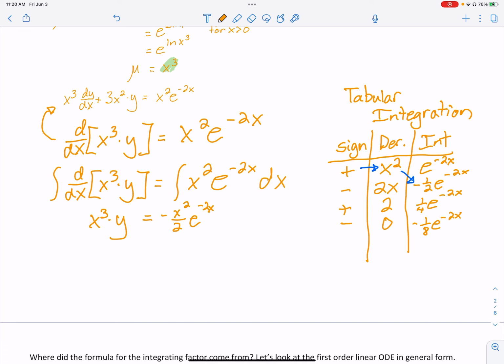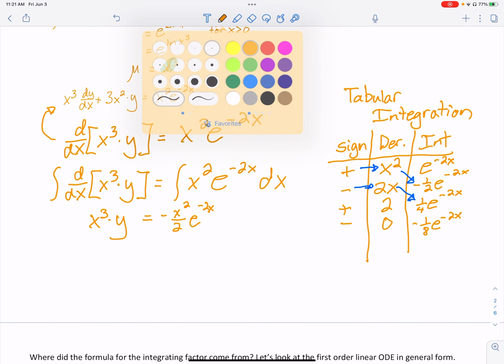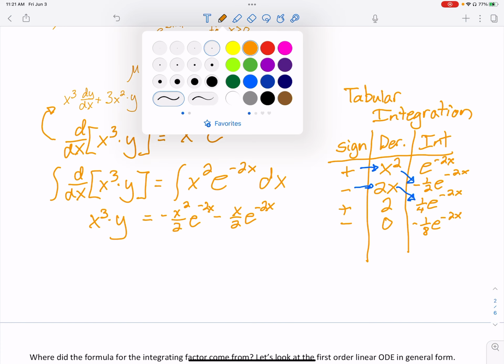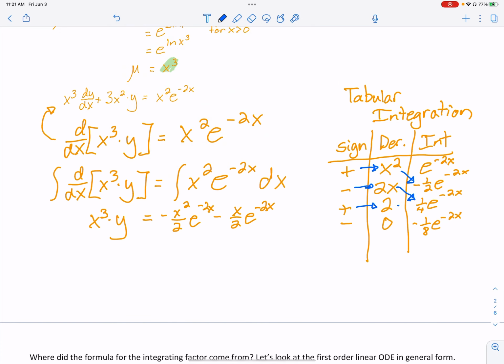All right, and then I go back to my table, and now I go this way. So I got negative, it's going to be 2x times 1/4, so that's x over 2, and then e to the negative 2x. Keep going in this manner. Multiply plus times 2 times negative 1/8.